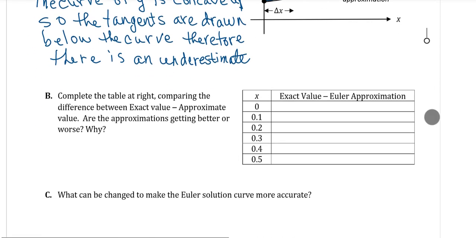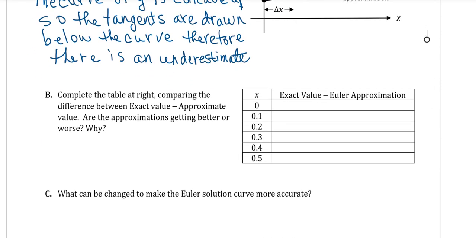All right, now part B says complete the table at right, comparing the difference between the exact minus the approximate value. Why are the approximations getting better or worse, and why? So let me just fill those in really quick. You start at the first point, so that's usually spot on. There's no difference there.